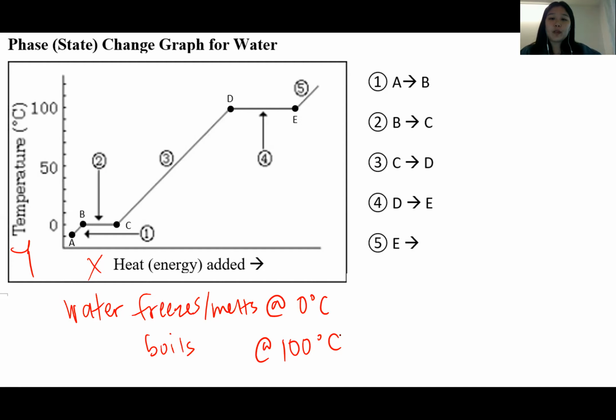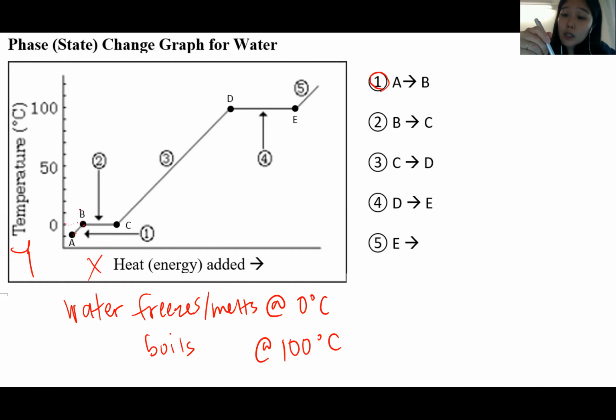So let's start from number one, point A to B. You need to tell me from point A to B what's happening. What state is water going through? B is right at 0 degrees Celsius, and we know that at 0 degrees Celsius, water either starts to freeze or starts to melt, depending on which way it is going.